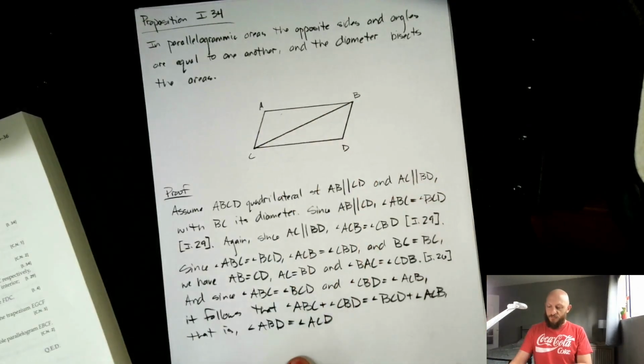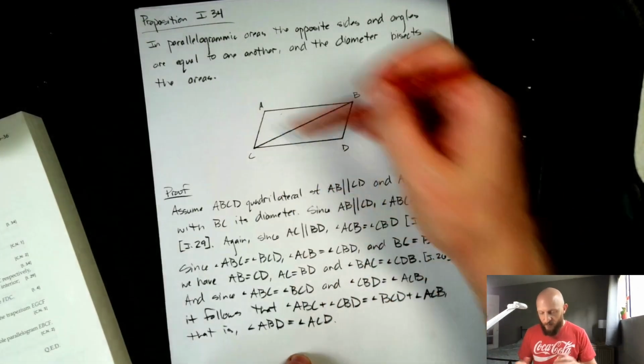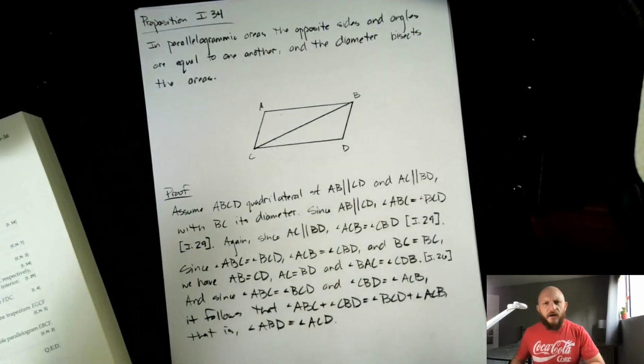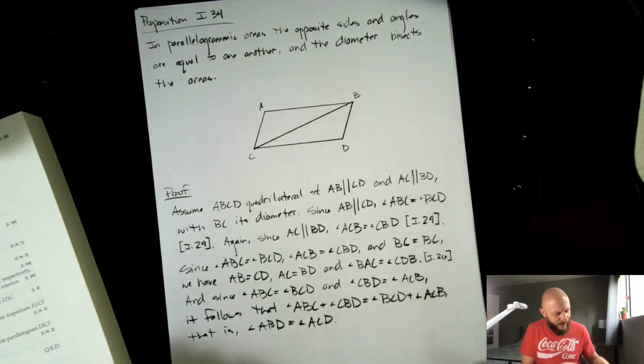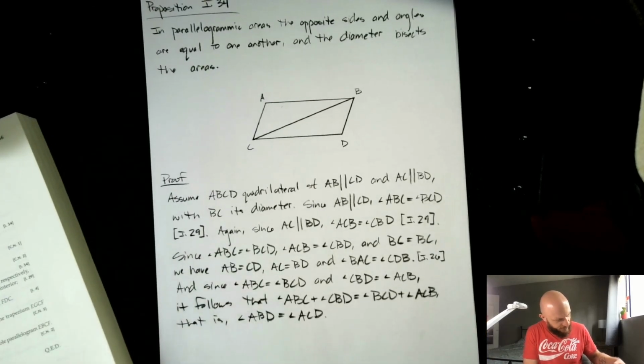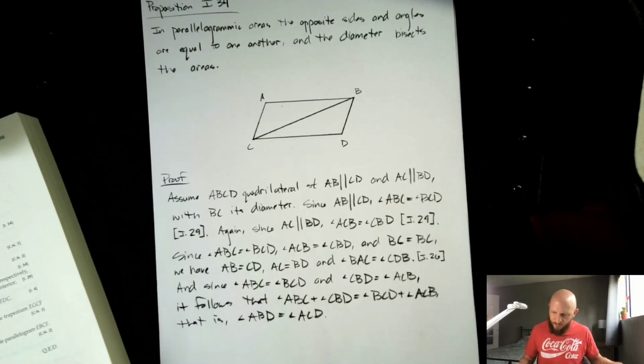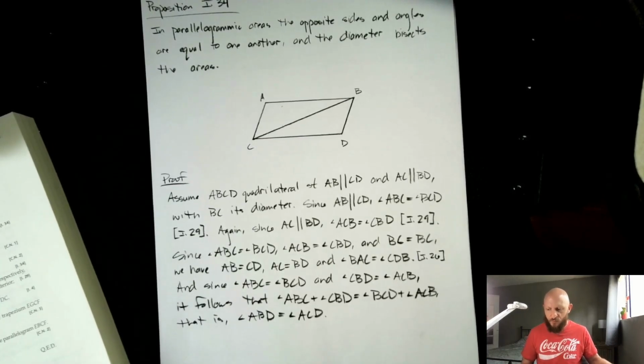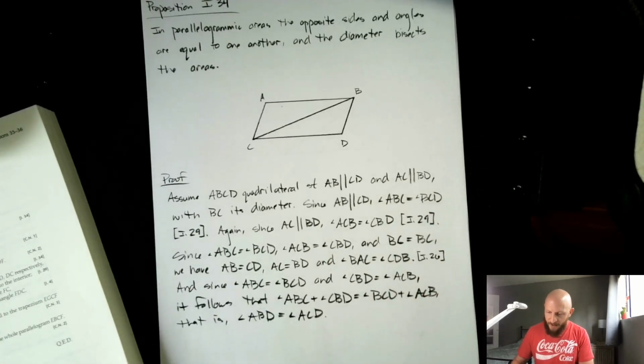So there, now we've proven all of the opposite sides are equal, opposite angles are equal. Looks like the video is lagging behind what I'm saying, in case it looks a little bit funky. So we've proven everything, opposite sides and angles are equal. We just have to show that the diameter bisects the parallelogram. And how do we do that?